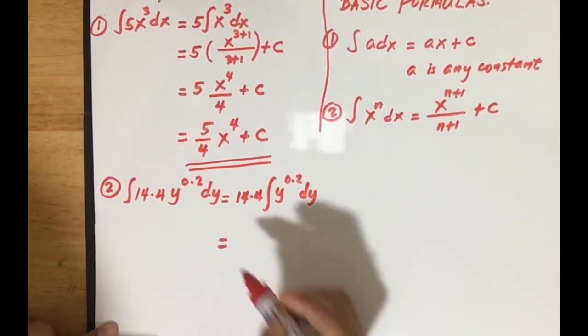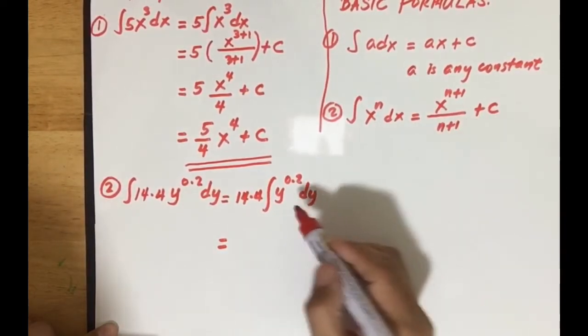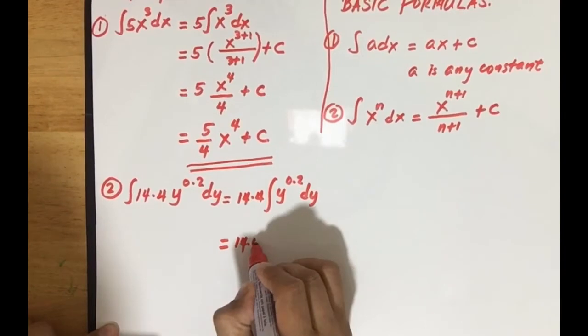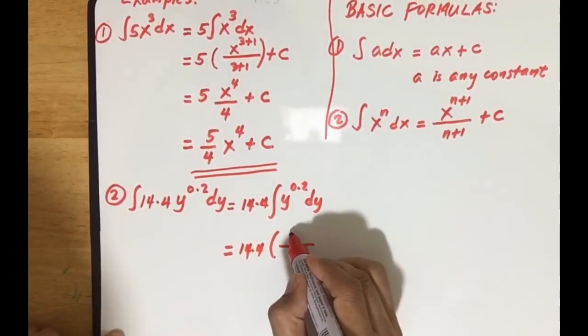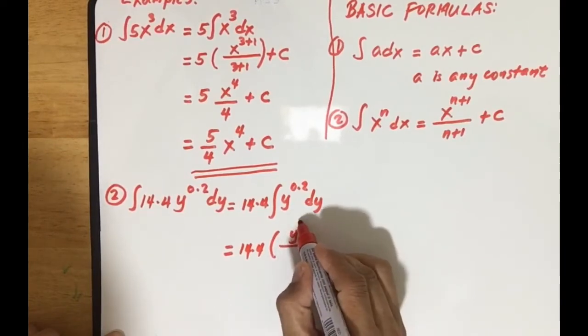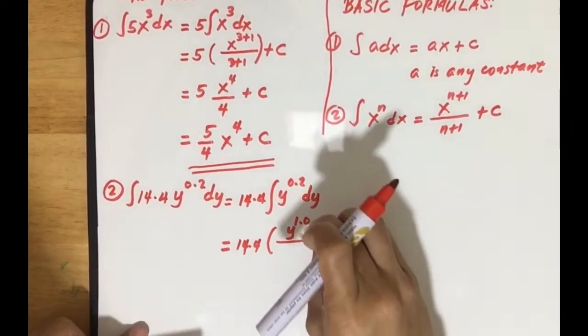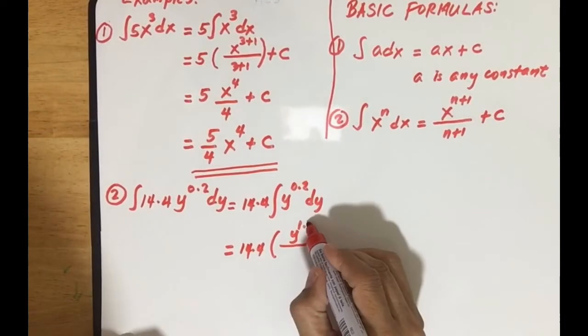Again using this formula, our n here is 0.2. So 14.4 times y to the power 1.2, sorry, that's 0.2 plus 1, so that is 1.2.